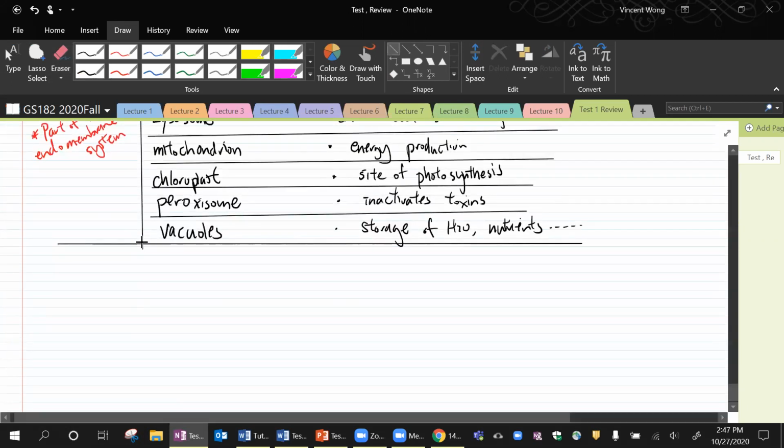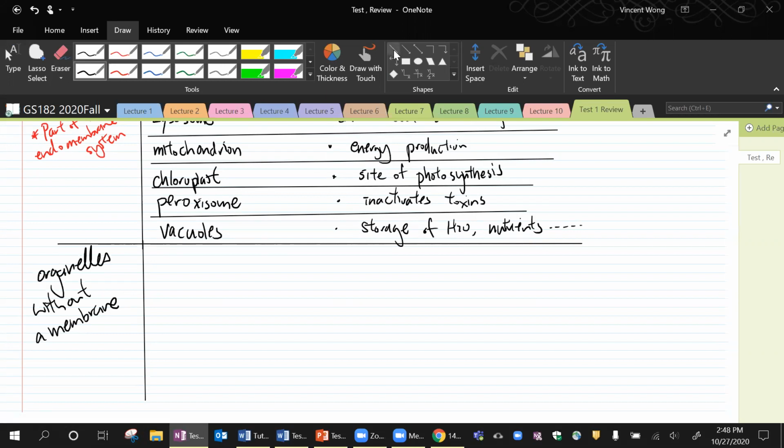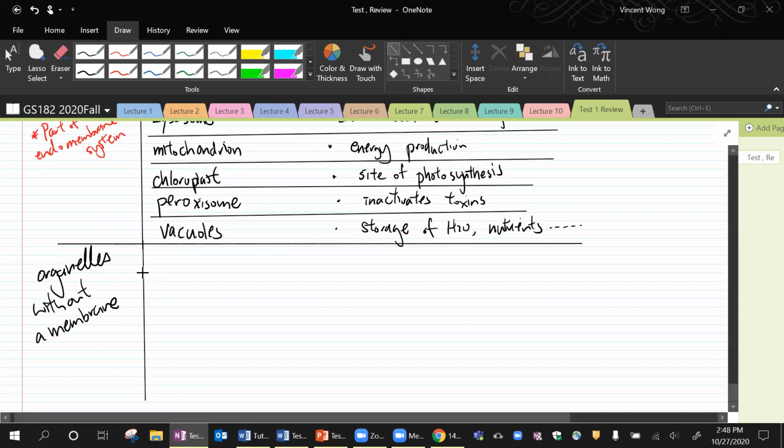and then we have organelles without a membrane. Okay. Anybody know what they might be? I can only think of a few.